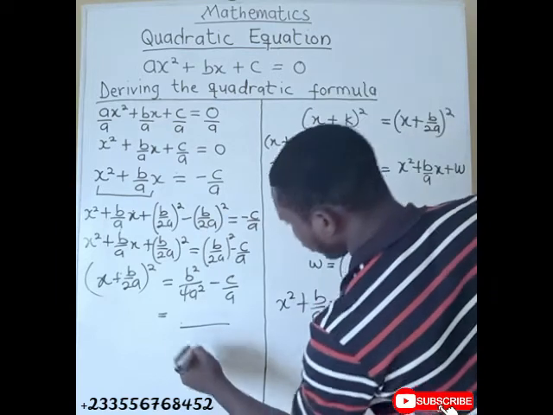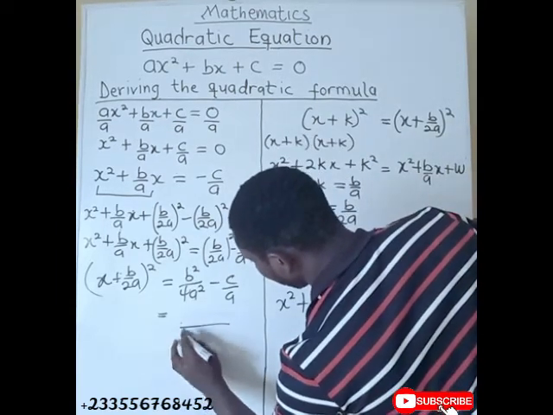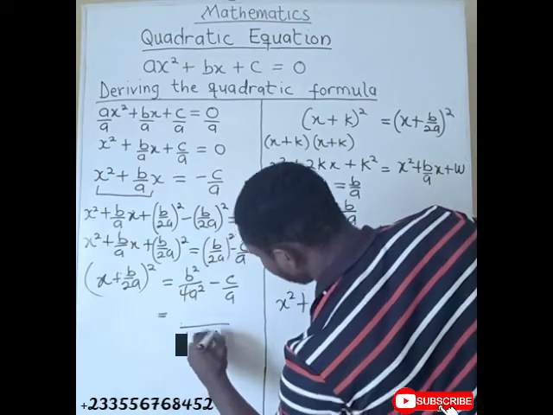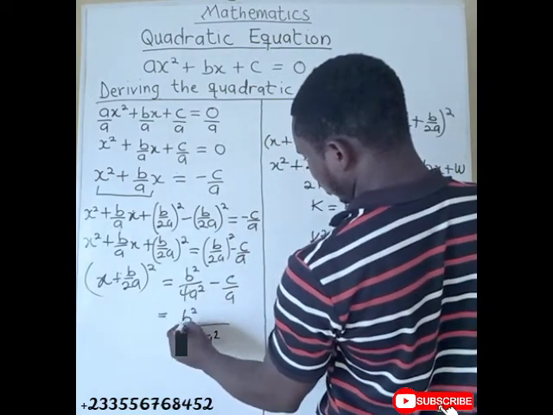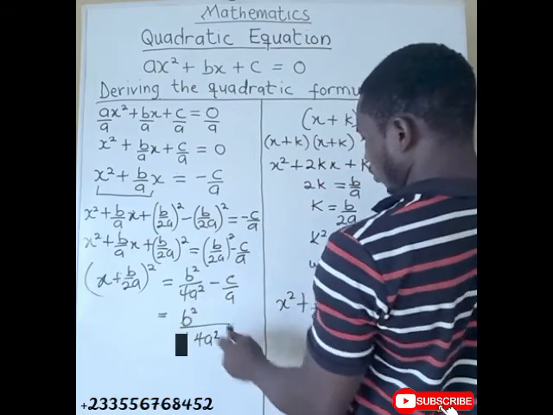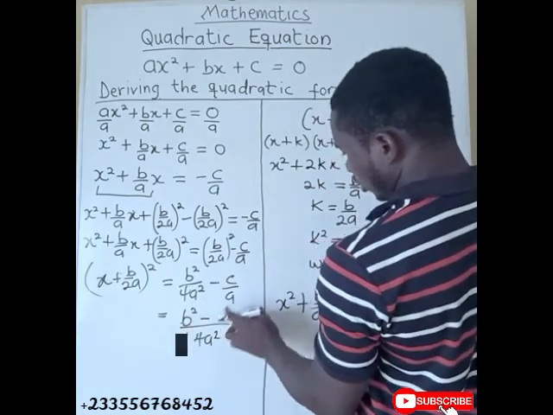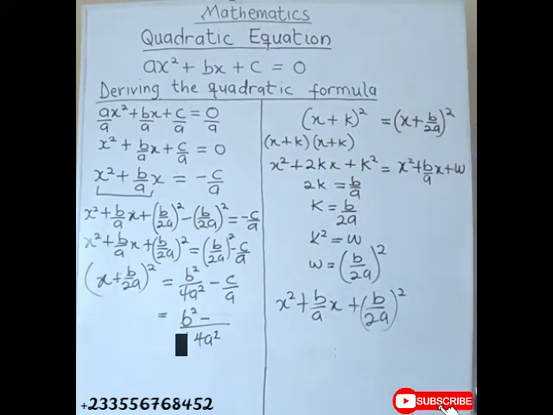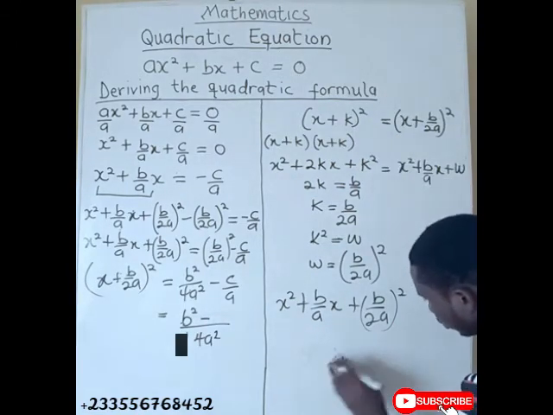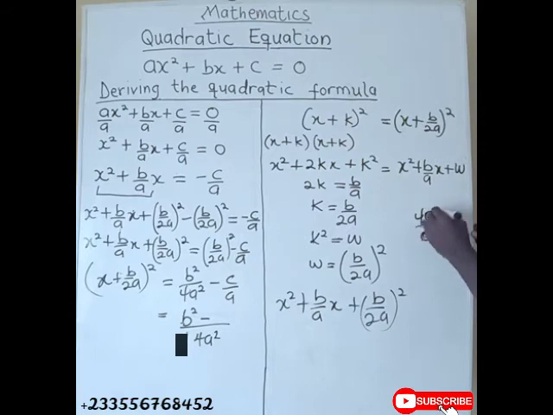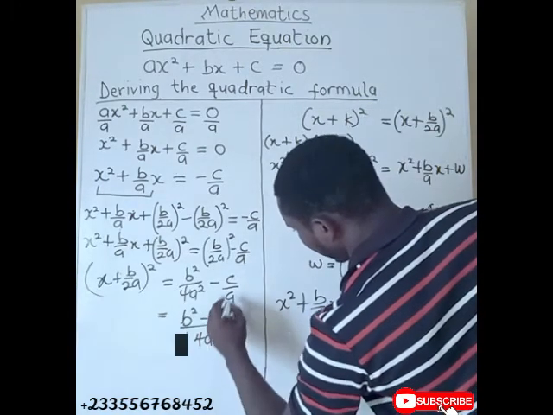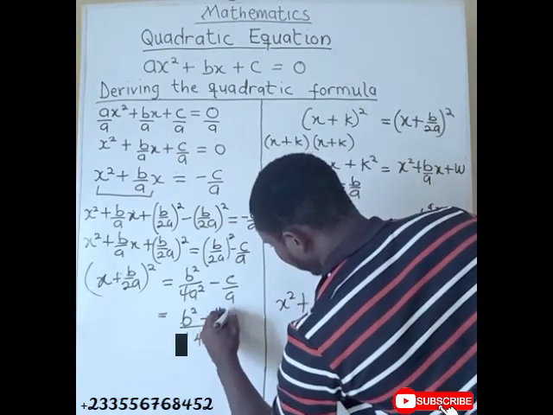The LCM is equal to 4a squared. So this one will divide itself 1 time, times b squared gives us b squared, minus a will divide 4a squared 4a times, so 4a squared divided by a, this a will cancel this one, remaining 4a. So the answer times the c gives 4ac.